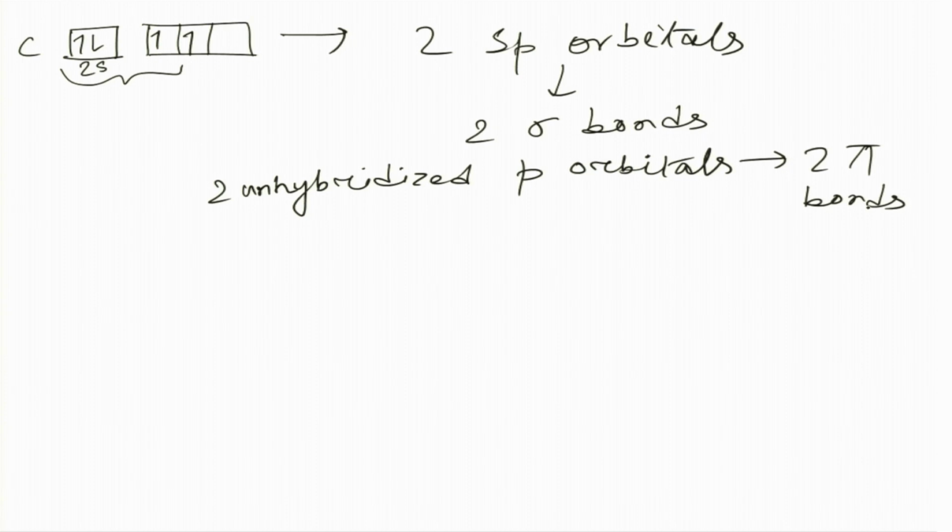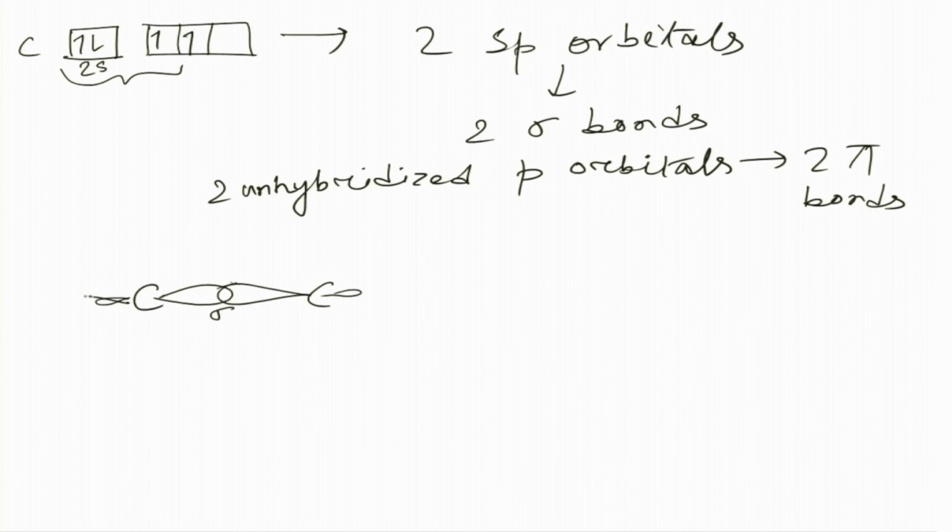How will the 2 sigma bonds be formed? Let us say this is one carbon. Each carbon will have 2 sp orbitals. One sp orbital forms a sigma bond with the other carbon. This is one sigma, right?